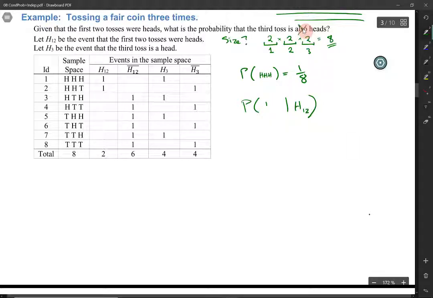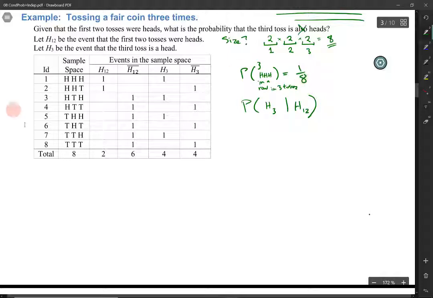So we want the probability of H3. This is different. Here, it's the probability of 3 heads in a row in 3 tosses, which is 1/8.